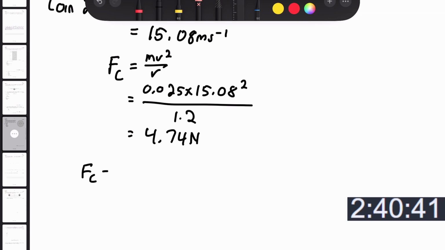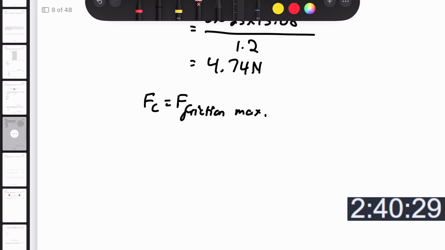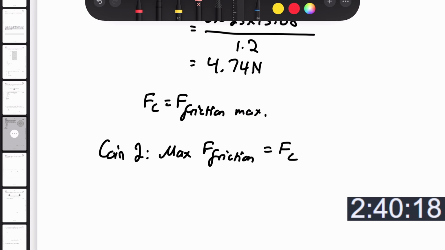Now Fc equals F of friction, so that's the max friction that can hold the coins in, and for coin 2 max F friction equals Fc max, so then 4.74 must also equal mv squared over r.